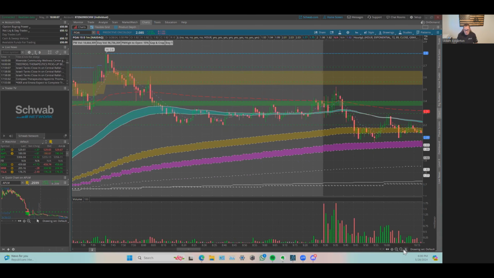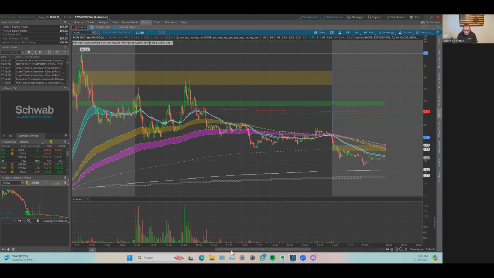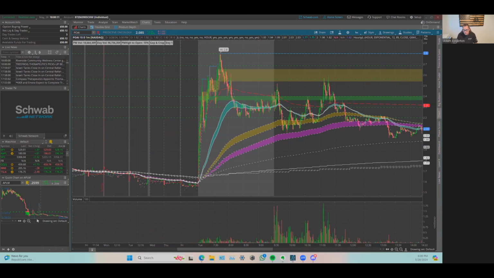A gap and crap means the stock gaps from the low down here up to here, and it gives back a lot of its gap. This thing opens around 240 and gave back 40 cents. What you're looking for is people that jumped in pre-market; they're going to look to get out, or sell more of their shares, or whatever the case is.